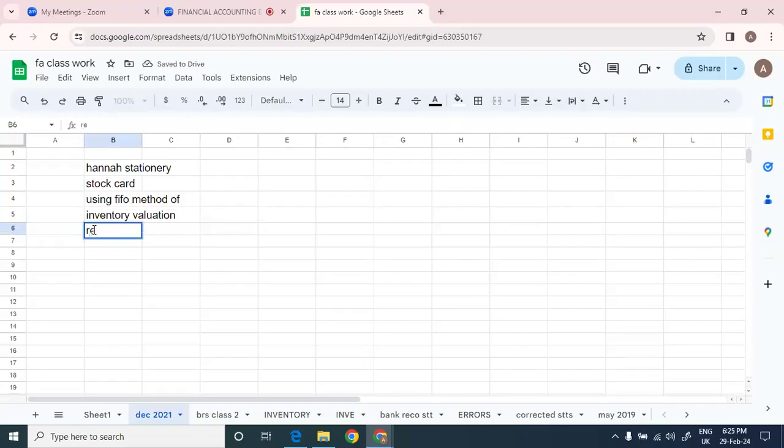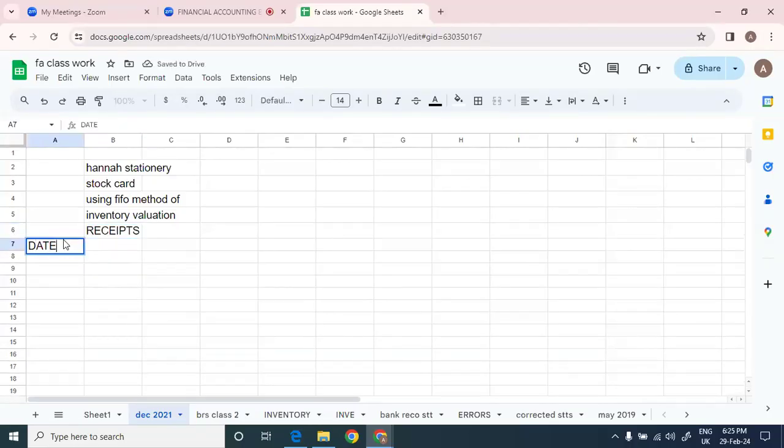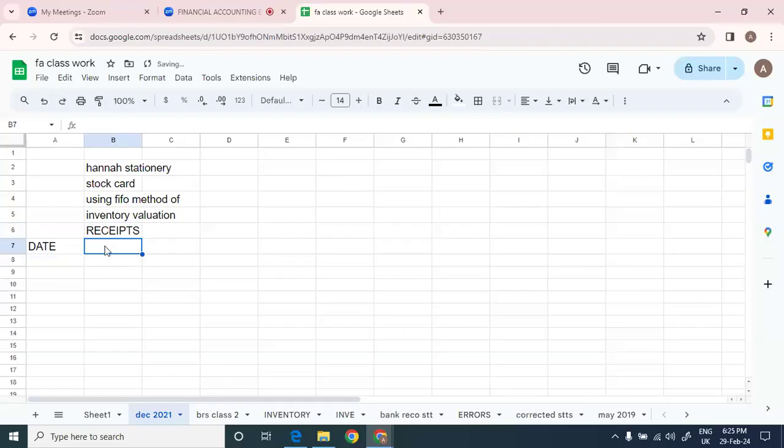So we shall have here our receipts. These are the things that are coming into our stores. Down we shall have date, details, units, cost, and amount.